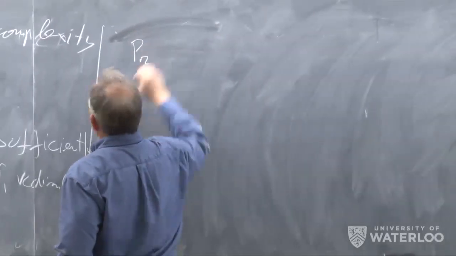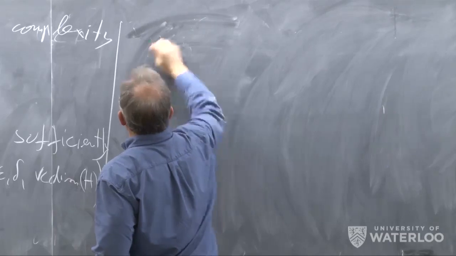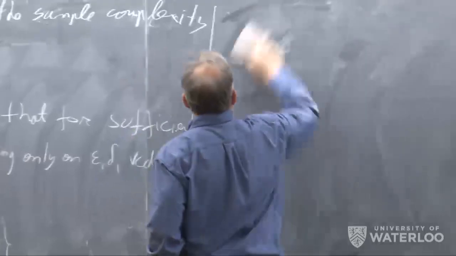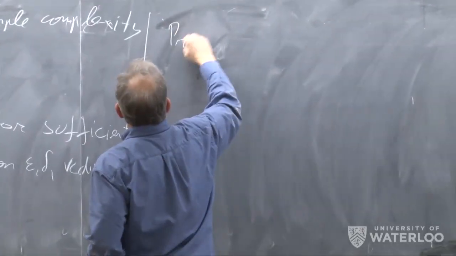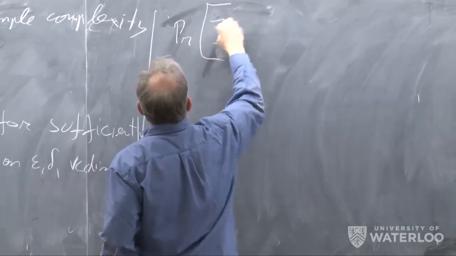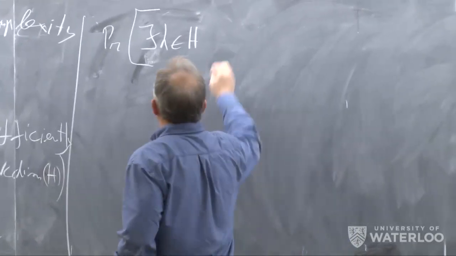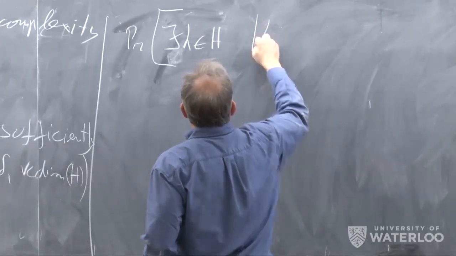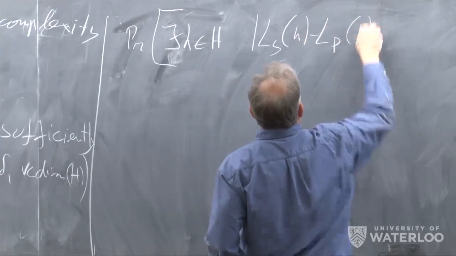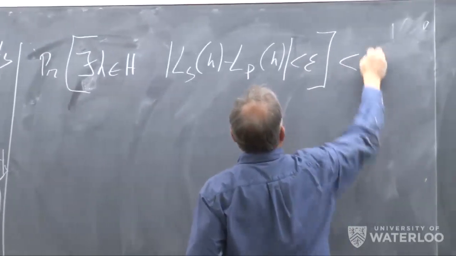the probability that there exists H in H such that Ls of H minus Lp of H is greater than epsilon should be less than delta.